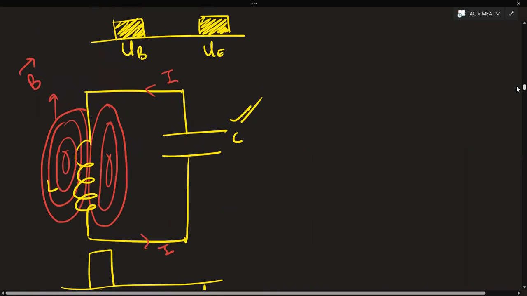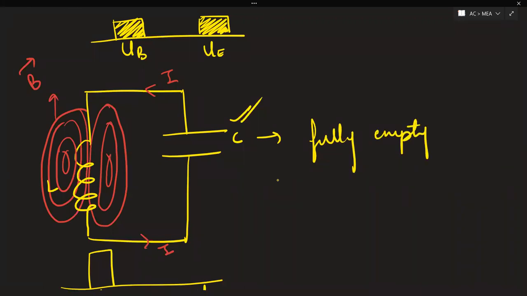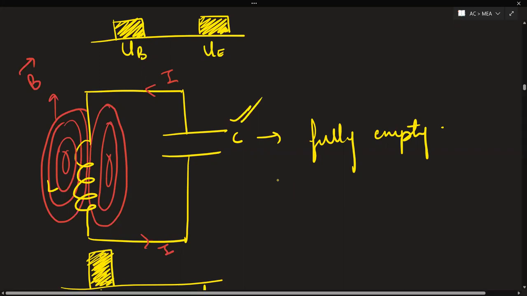The third point says the capacitor is now fully empty because all the charge has vanished. Here, all the charge and the current have been converted into magnetic field lines. So you just have a high value of magnetic field, and your capacitor is fully empty.